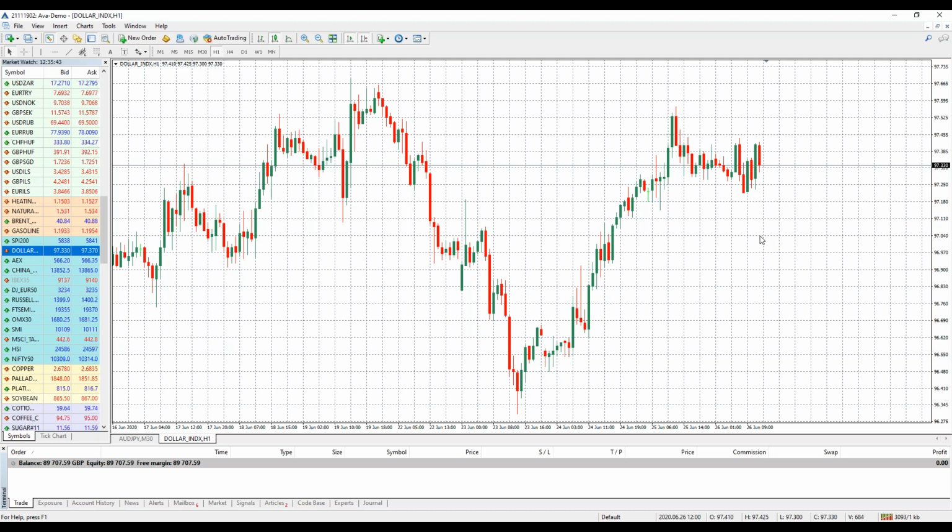The US dollar index is paired against the euro, GBP, Swiss franc, and some other pairings to create this index. So it's balanced across different currencies to make it more stable, maybe more predictable in that sense than a single currency pairing.